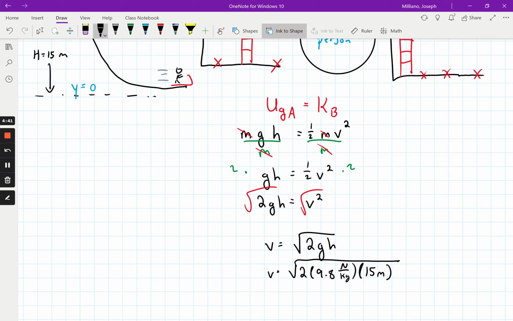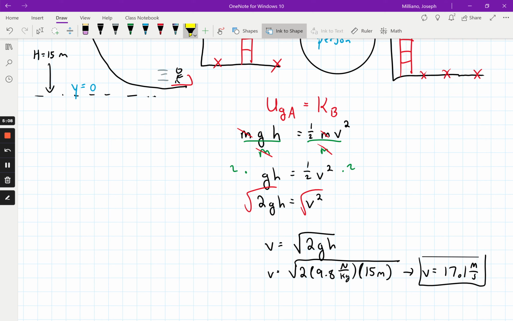We're taking the square root of all of that. Overall, our speed is, I should have had this ready ahead of time. Give me just a second to type it in. Square root of 2 times 9.8 times 15 equals 17.1 meters per second. And there we have it, folks. We have the speed of the person at the bottom of the hill.